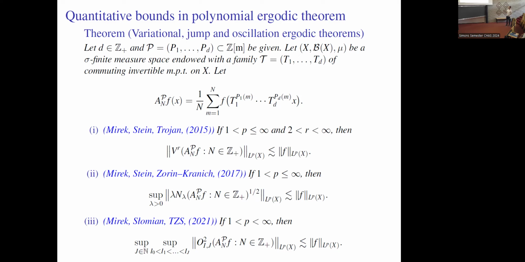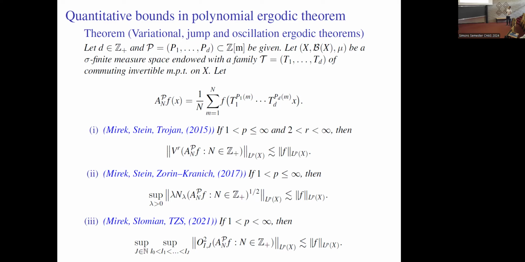In the sense that we have our R variational estimates, we have lambda jump estimates for the parameter 2, R variations for R strictly larger than 2, and oscillations. So in some sense, it seems that both lambda jumps and oscillations can be seen as endpoint estimates for our variations.